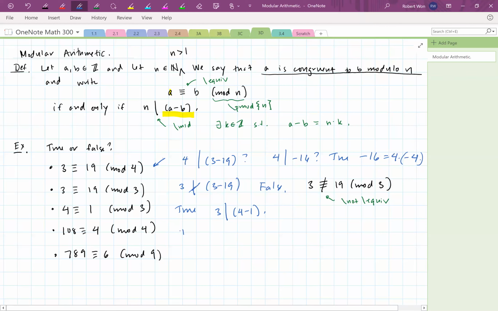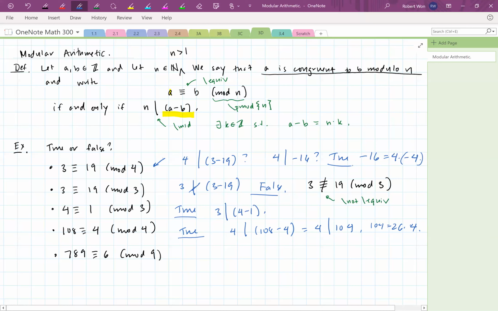Okay, it's also true that 108 is congruent to 4 modulo 4 because 4 divides 108 minus 4. Right, 4 divides 104, because 104 is 26 times 4. By the way, note that what I'm writing here in blue is clearly just scratch work. If I were trying to write it up, I would of course need to include more words, say what I'm doing, but this is just some scratch calculations so that we can understand why these are true or false.